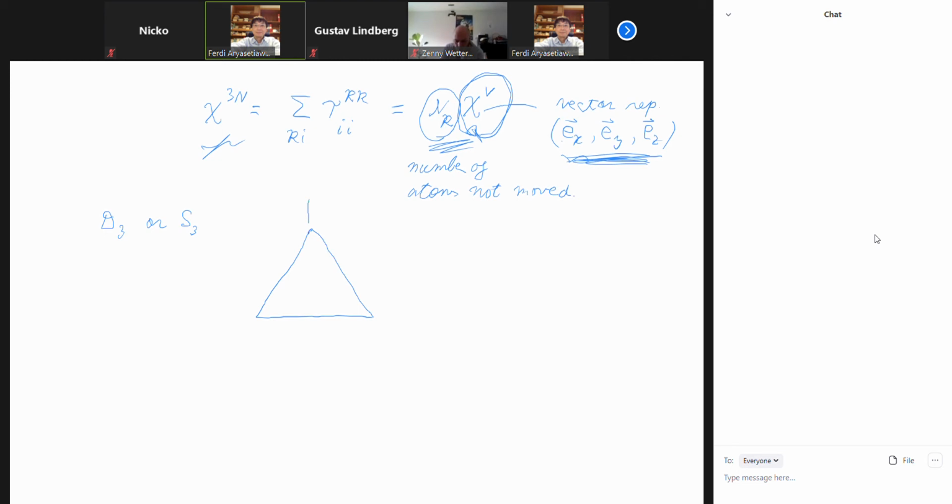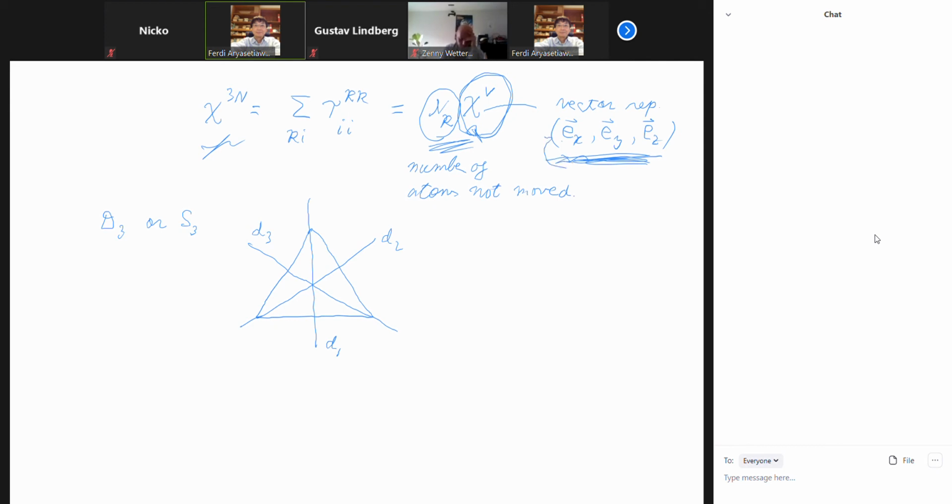We have several symmetry axes, D1, D2, and D3. So we have 6 elements, and we have worked out the characters based on these basic vectors here.